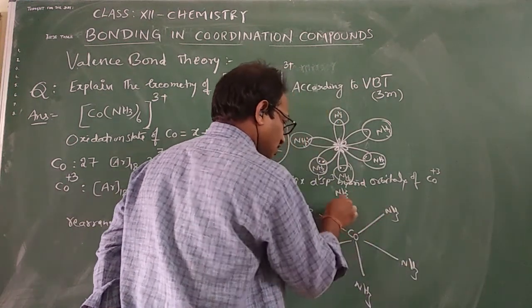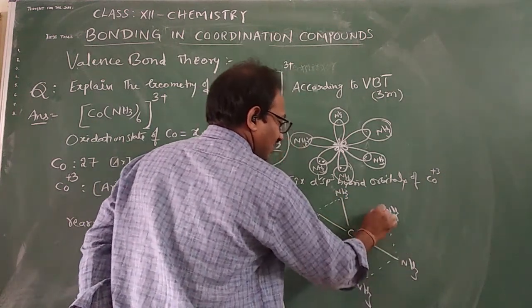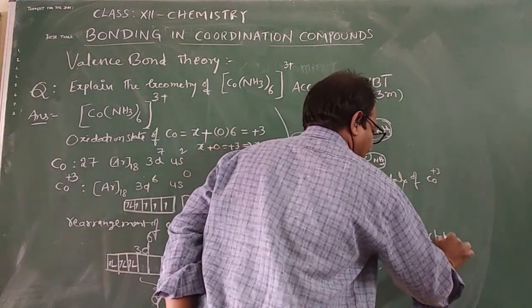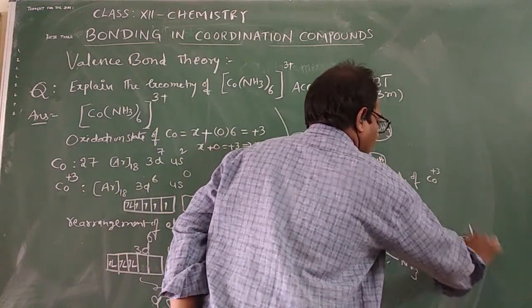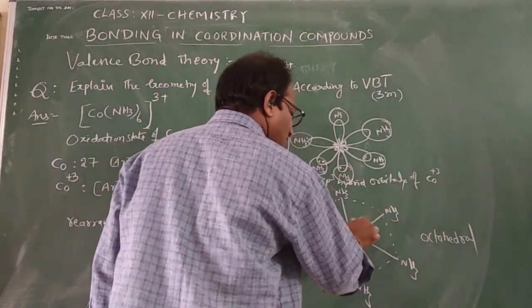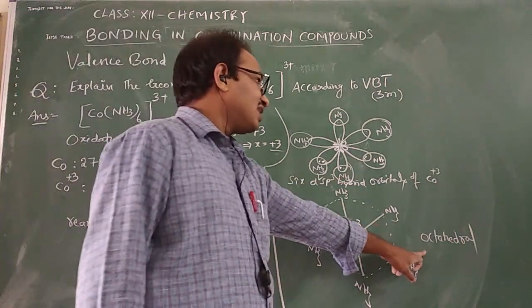And this is the geometry. This is called octahedral geometry. So what is the shape? Octahedral. The shape or geometry of the molecule is octahedral. In cobalt, which oxidation state do you have? Co3+.